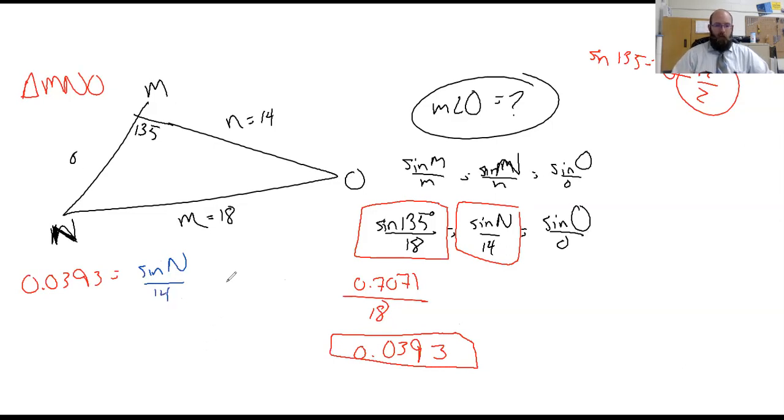Let's solve for n. I'm going to start off by multiplying by 14 on both sides. Put my calculator, multiply by 14. Oh, cool. So that gets me 0.54. And then this is actually going to round up to 0.55.